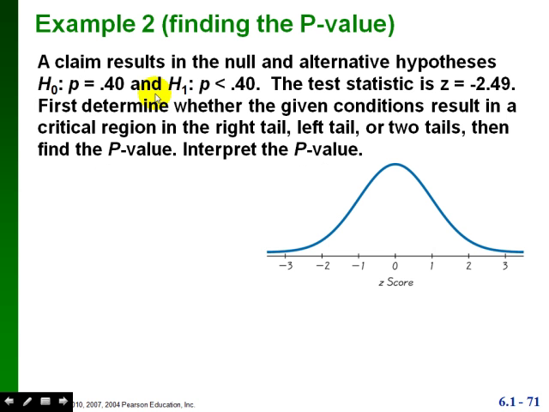Here's another example. In this one we have our alternative hypothesis that p is less than 0.4, and our test statistic is z equals negative 2.49. So the less than tells us that we have a left-tailed test.